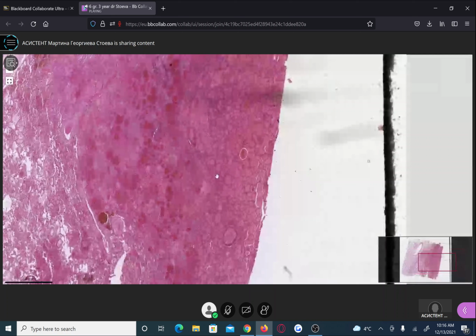and now when we zoom in at the area of the infarction, the cells are still visible.